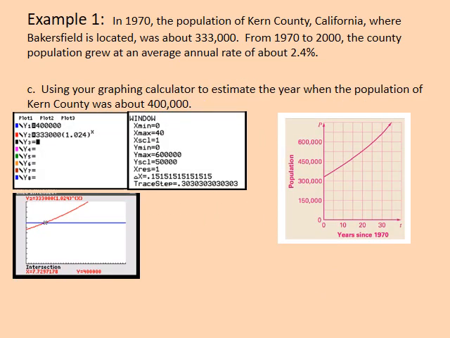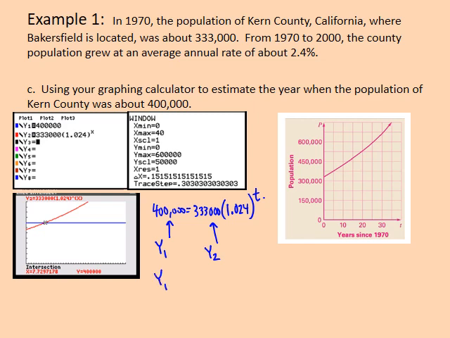The next question asks you to use your graphing calculator to estimate the year when the population of Kern County was about 400,000. So the equation that we're trying to solve is 400,000 equals 333,000 times 1 and 24 thousandths, all the way to the t power. To do this, you make one side of the equation y1 and the other side y2, and then you find the intersection.